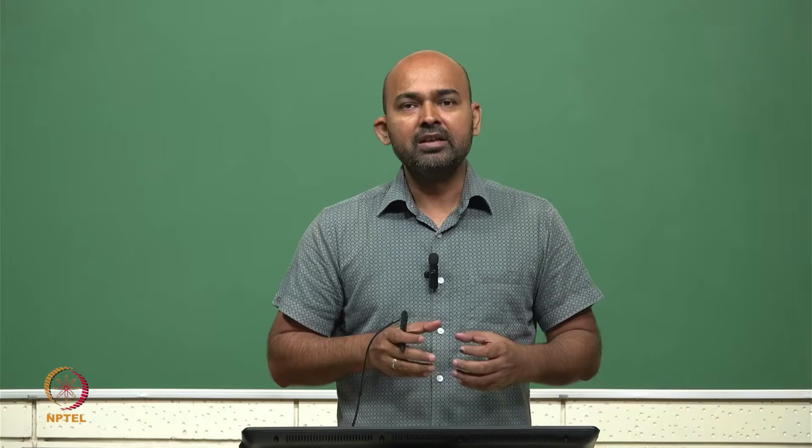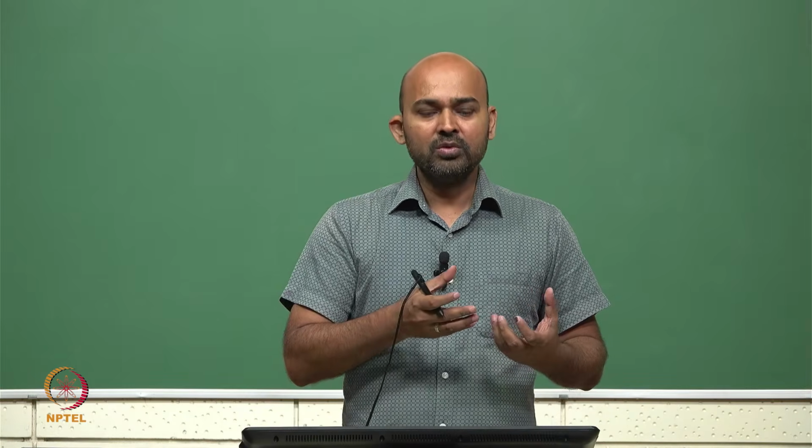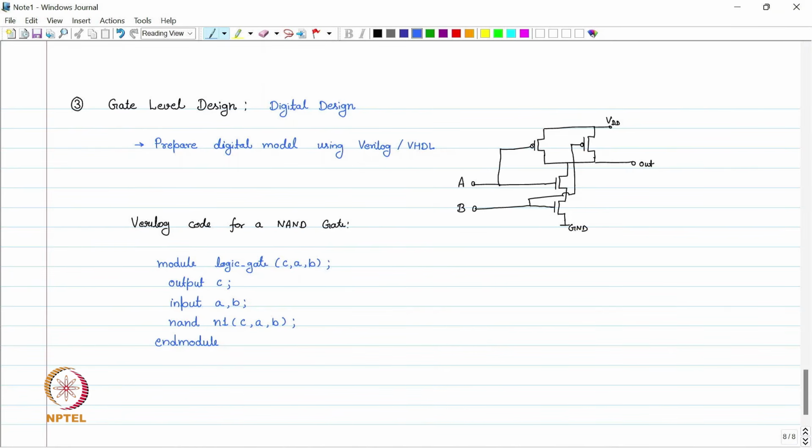We can write multiple Verilog codes for different types of gates, and these are very easy to simulate using the Verilog language. So this is the third level, where we design the gates using Verilog and VHDL in the digital domain. We switch to the digital domain because we want to have so many devices using these MOSFETs that we want to fabricate, but SPICE is very time consuming and computationally expensive.